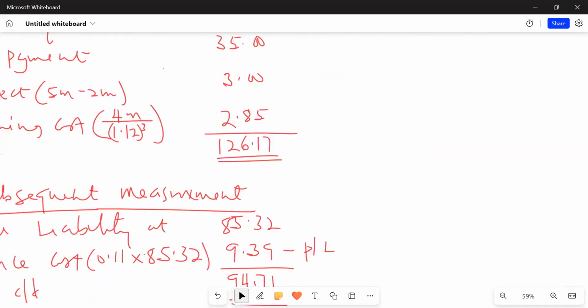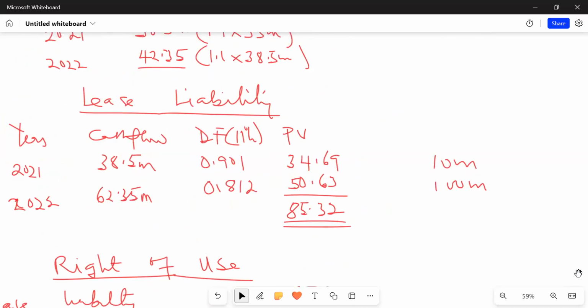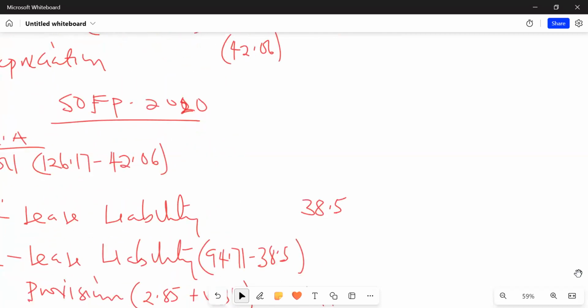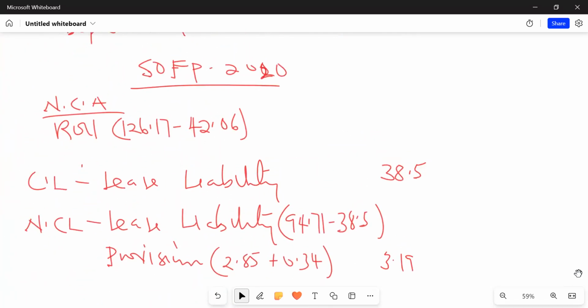Then we take the next major topic. The right of use is 84.11. Let's put those figures there for the sake of my people.